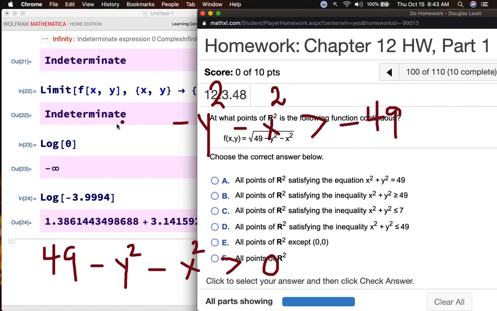So what happens if I multiply this whole inequality by negative 1?